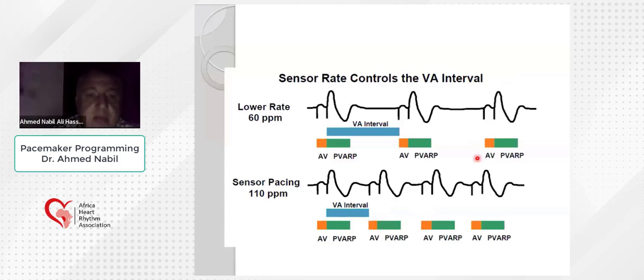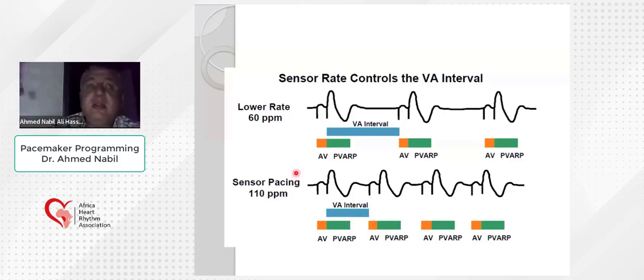And this is an example of sensor rate control in a patient with a dual chamber pacemaker. This is the lower rate that is permitted, the rate below which the pacemaker should not decrease, which is adjusted here to 60 beats per minute. And when the patient performs exercise or activity, this sensor-driven pacing increases the atrial pacing rate up to 110 beats, and this is adjustable.